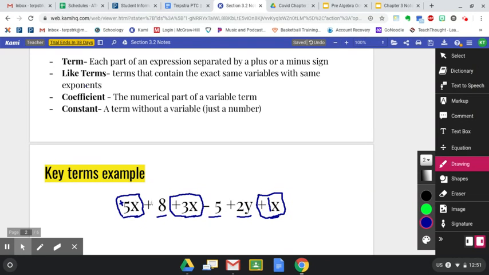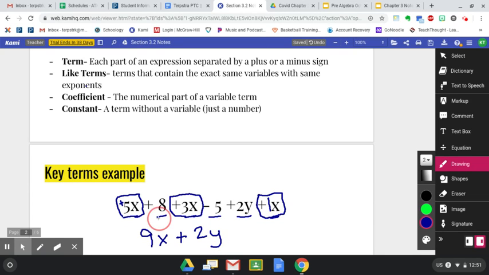So if I combine these like terms into one common term with x as the variable, it would be 5x plus 3x plus 1x, which would give me 9x. I also have this term 2y. There are no other terms like it, so that would simply be just 2y.